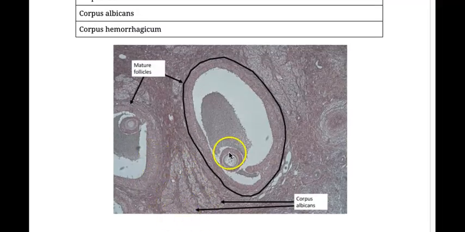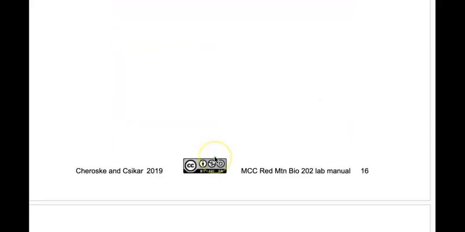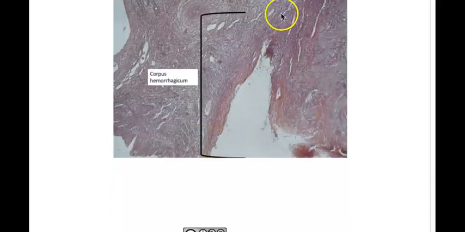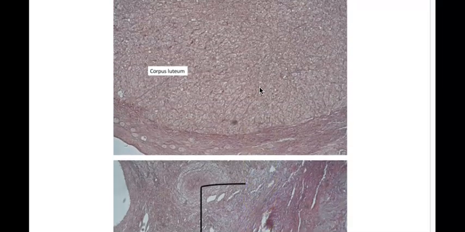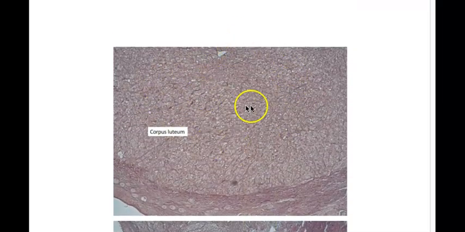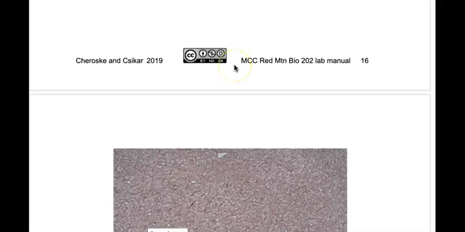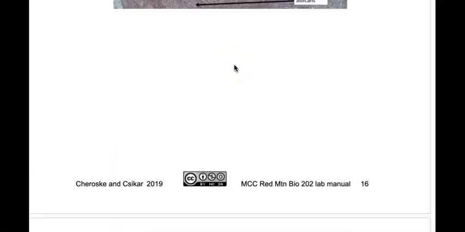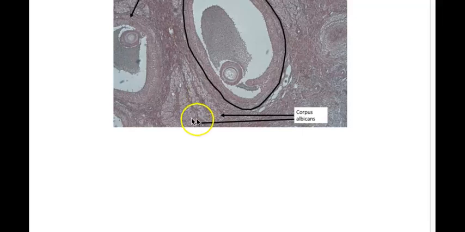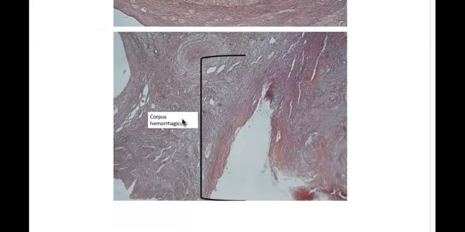So again, when the oocyte is ovulated, what remains behind, those granulosa and theca cells, are the corpus hemorrhagicum. You can imagine how that burst and the oocyte was ovulated. These cells will end up forming this corpus luteum. That'll help maintain the uterine lining. And if there's no fertilized egg to implant, it will degrade back down into this corpus albicans. Much, much smaller.